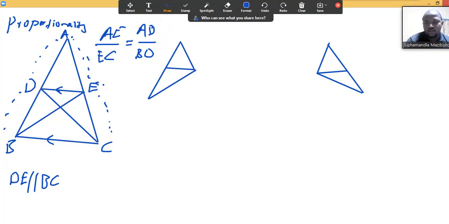Here we're constructing BE and DC. That is our construction. Okay, so we're going to use the area a lot to prove this.